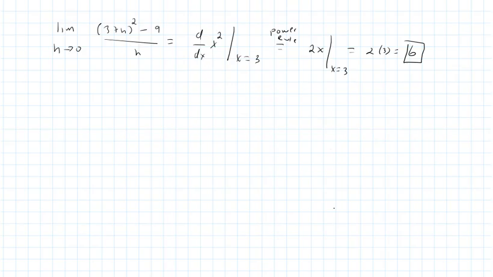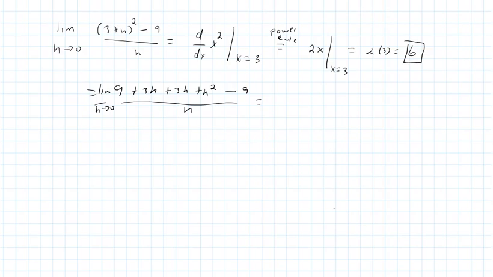Another way to find it is from the fundamentals, from the definition of the derivative. So we know that this limit is equal to, we're going to expand 3 plus h, so that will be 9 plus 3h plus 3h plus h squared minus 9, limit as h approaches 0, and then we divide by h.